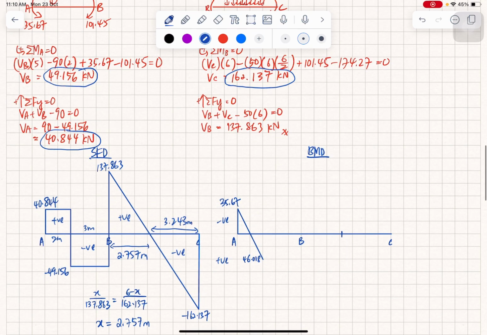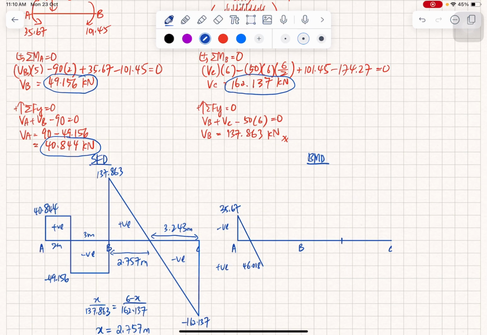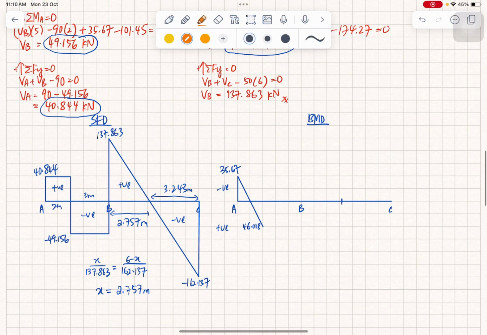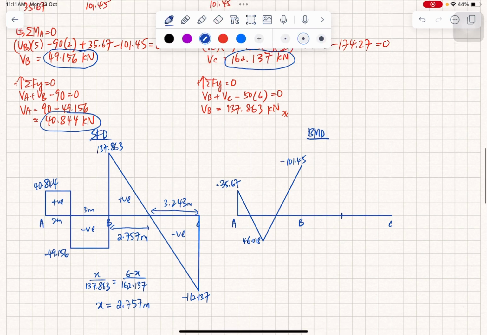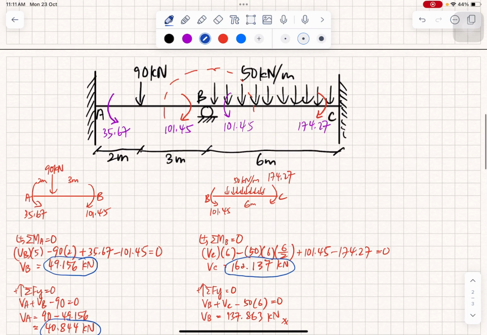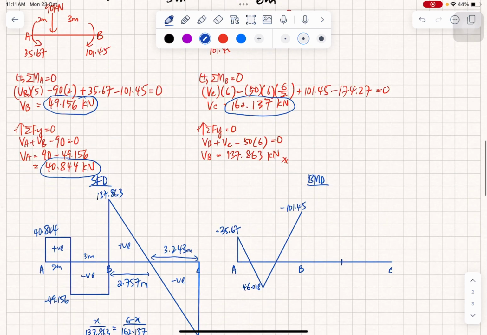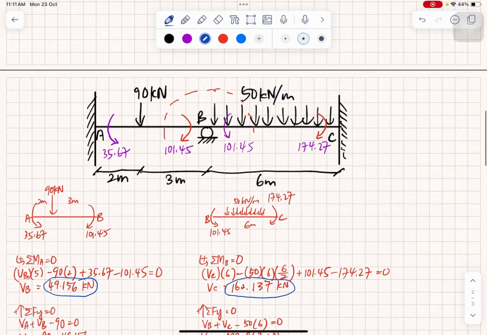And then minus what? Minus this part, so you get 101.45. Go up again, somewhere here, it is negative. After that, remember at point B the moment is 0, so actually we don't need to find the moment. It remains at negative 101.45.